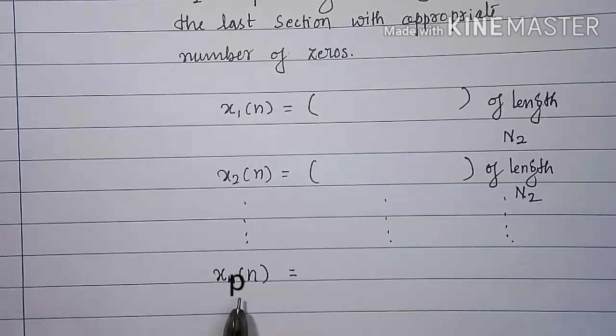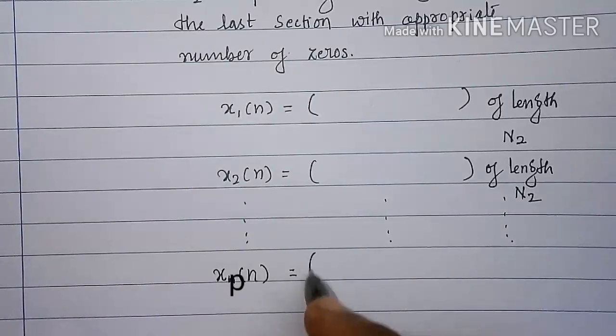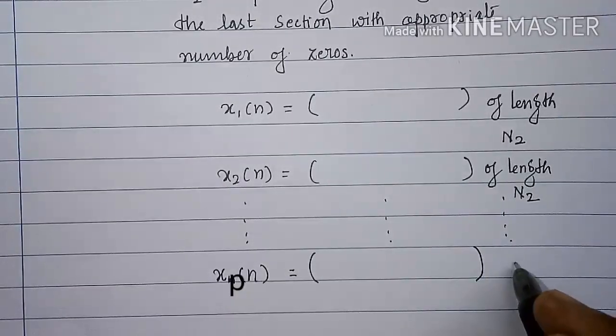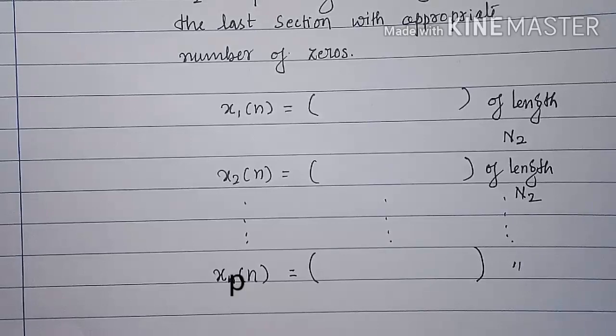Say last sequence is xp of n of length n2.